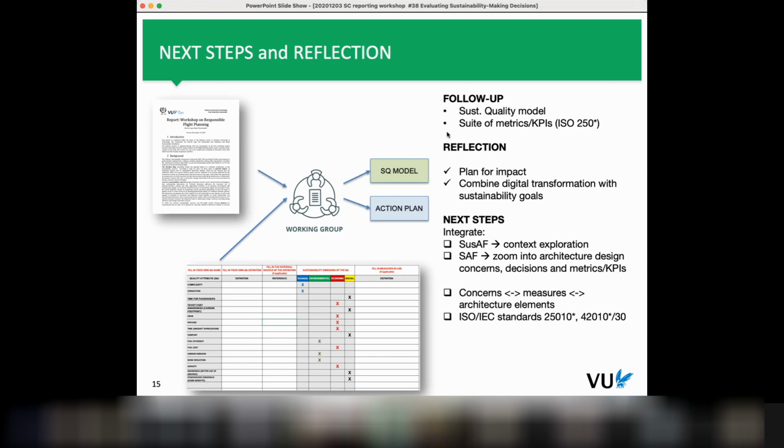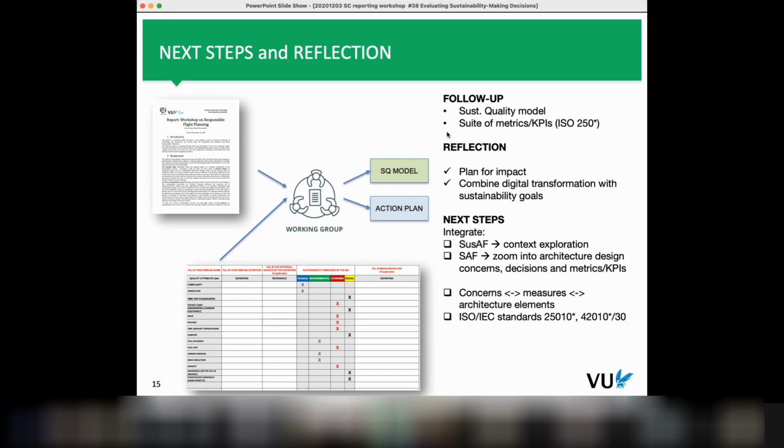And what we understood from this sprint was that the first is very useful to build the context of, for instance, the application domain or a certain system. And within this context, then zoom into different software-intensive systems and their features for architecture decisions. So there is still some work to do to make this integration possible.